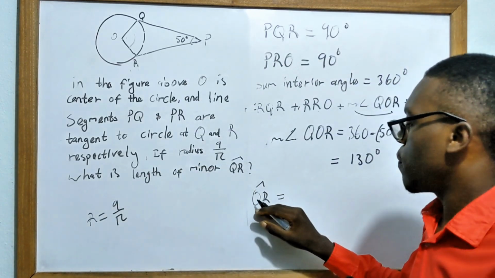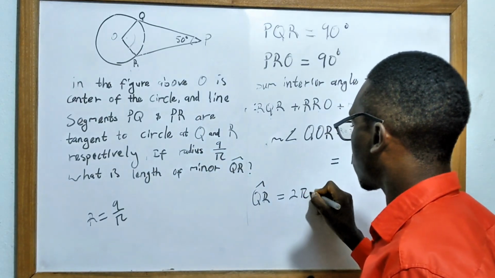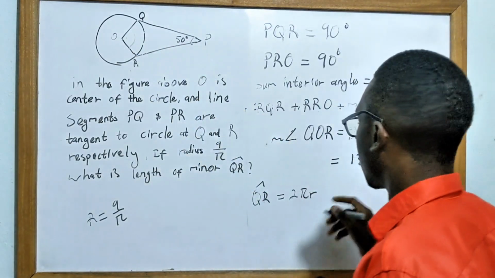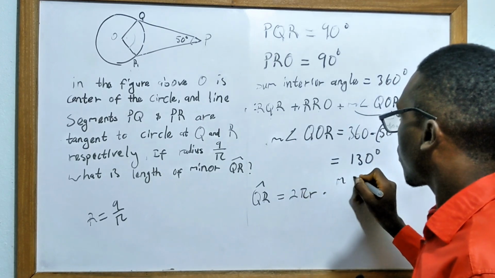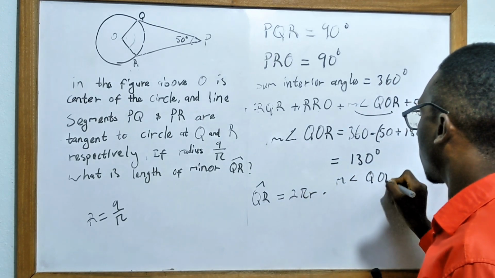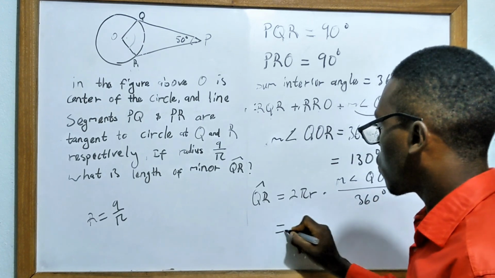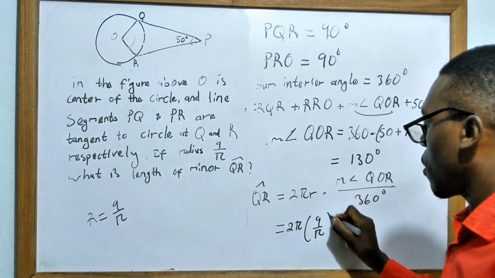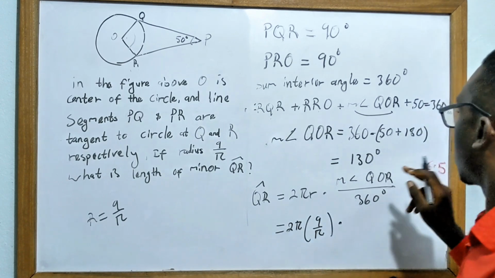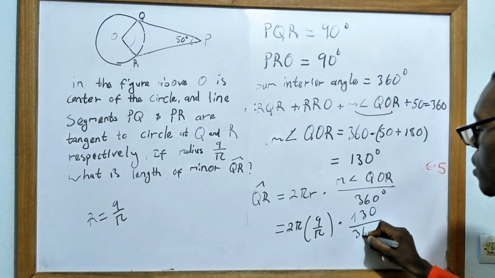To find the length of this minor arc, we use 2 pi radius times the measure of angle QOR all over 360 degrees. That will be equal to 2 pi times 9 over pi, times 130 over 360.